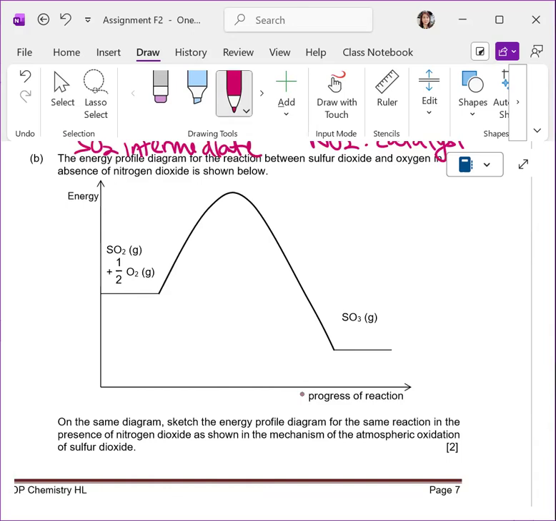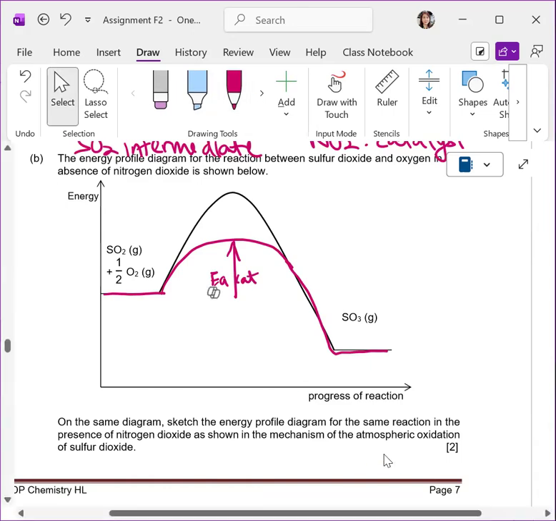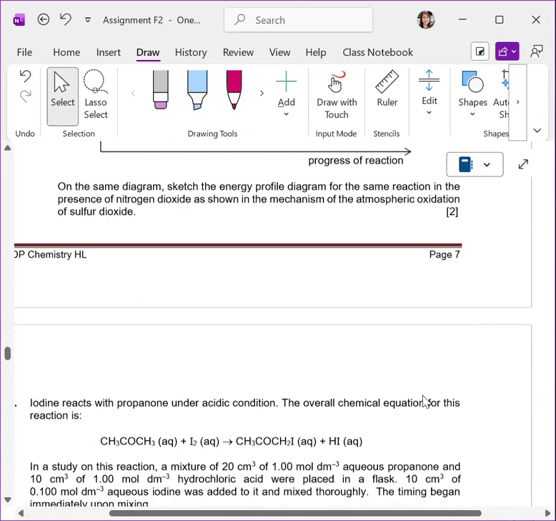So a lower activation energy will be something like this. The initial and the ending parts are the same. Now we are seeing a lower Ea, which is catalyzed. Okay, so that's the energy profile diagram for the presence of NO2.